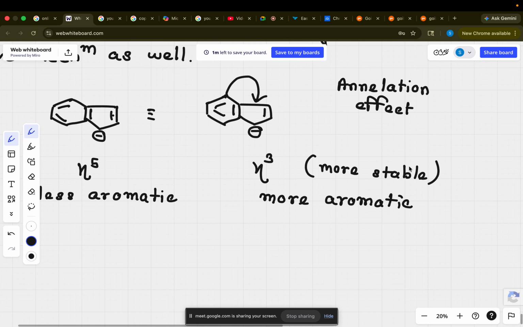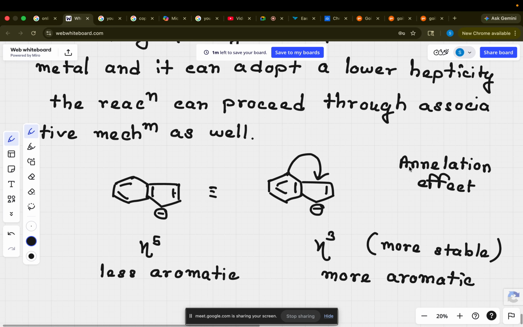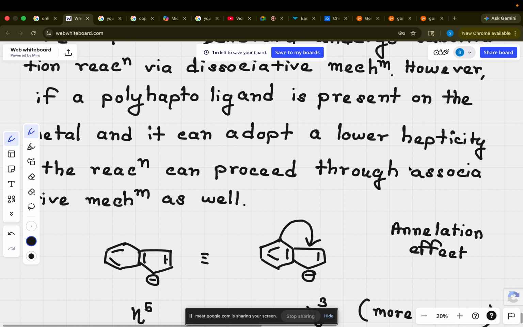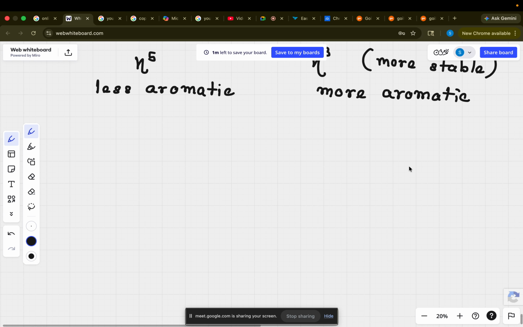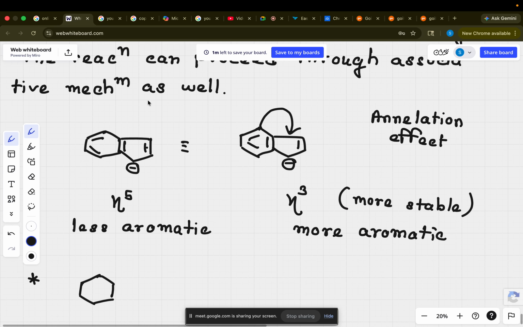So this is basically your polyhaptoligand. It can adopt a lower hapticity as well as polyhaptoligand. Okay, so one example we are doing now. Sir, a 6-member ring aromaticity will spread out, of a 5-member ring will not spread out the aromaticity? No, because this one is not aromatic.